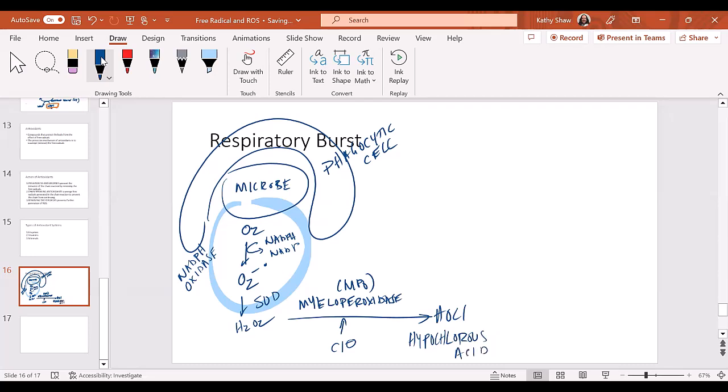That then is what actually kills the microbe. Very similar story, some of the same enzymes, but that's what we call the respiratory burst, and that's how our reactive oxygen species play into phagocytosis. We'll stop there. We'll pick up in another video with lipid peroxidation.